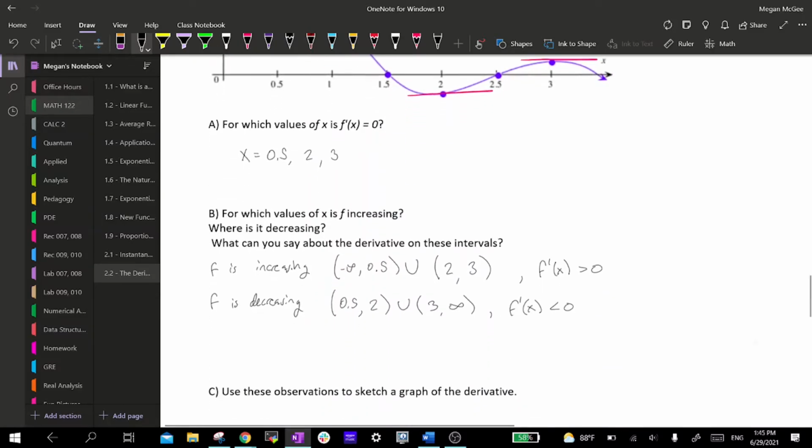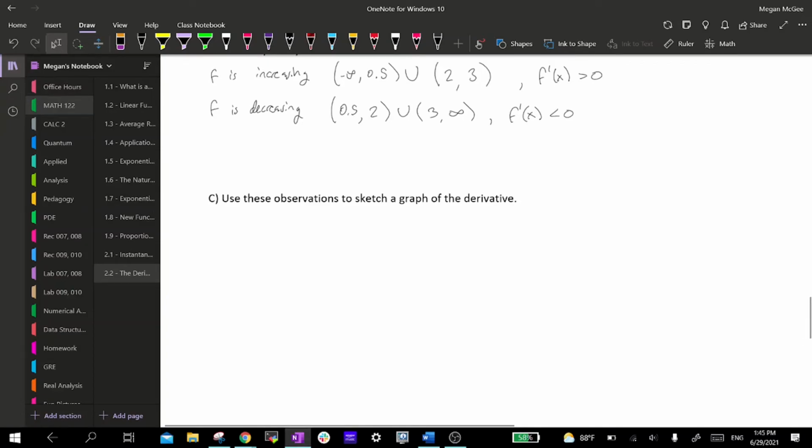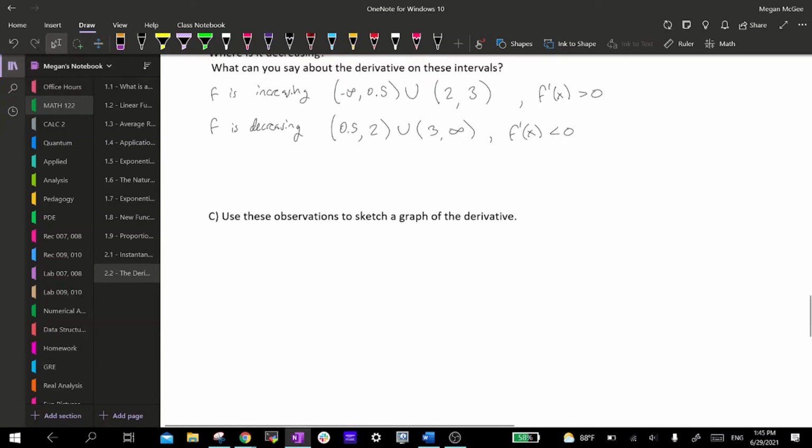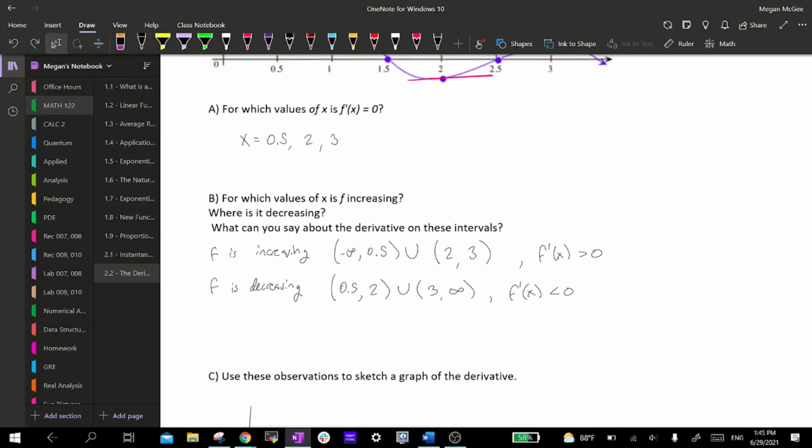And again, we're asked to sketch the graph of the derivative based on these observations. All right, so let's go ahead and draw some axes here. So first thing is we want to label everywhere that our derivative is going to cross the x-axis. All right, so that would be wherever it's equal to 0.